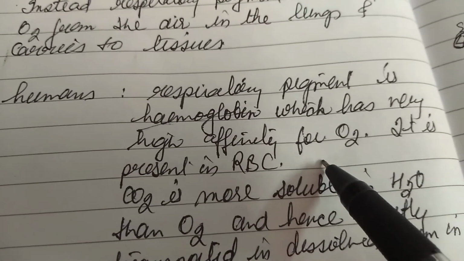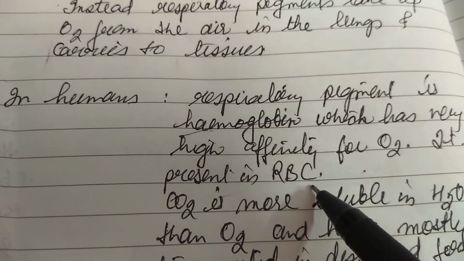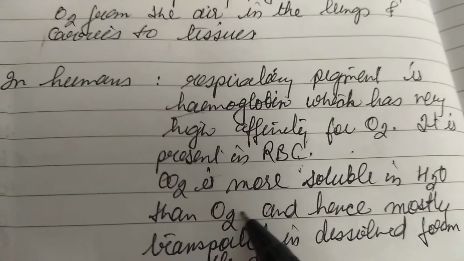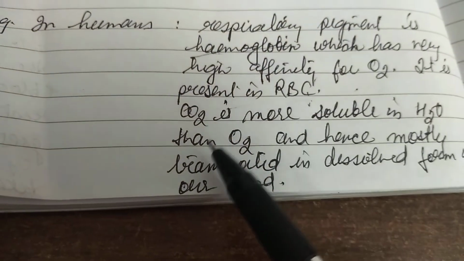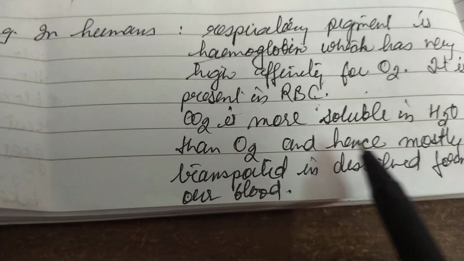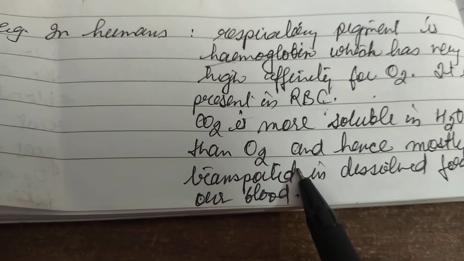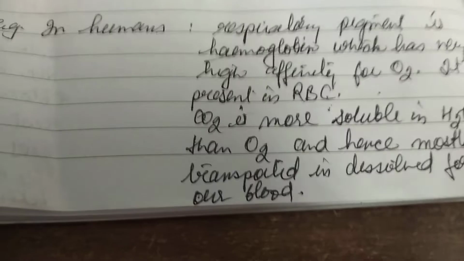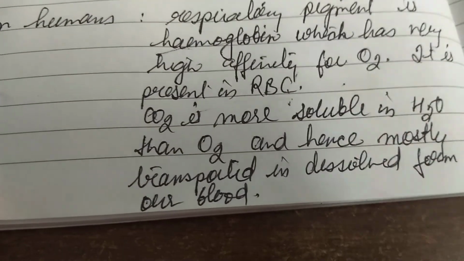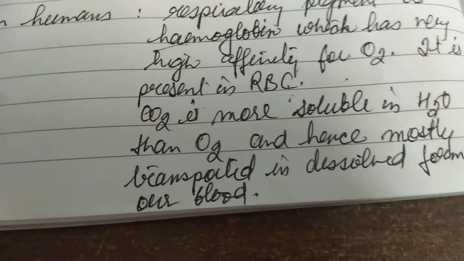And it is present in blood, in RBC, right? So in RBC, hemoglobin is present and it binds with oxygen. CO2 is more soluble in water, and oxygen is not that soluble in water. So some oxygen is transported in dissolved form in our blood. It dissolves in the plasma and moves.